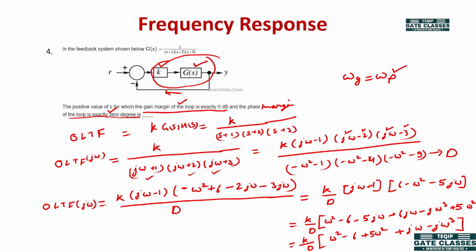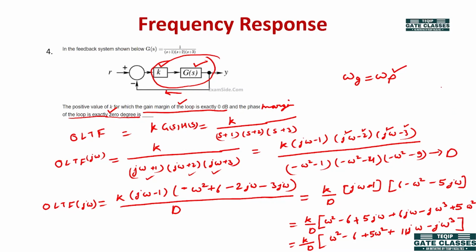Sorry, this becomes plus, minus and minus plus, so this term is plus, so this becomes 11 j omega. 6 plus 5 is 11 j omega minus j omega cube.